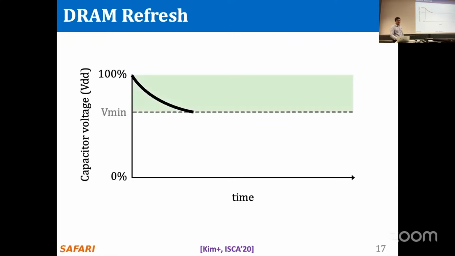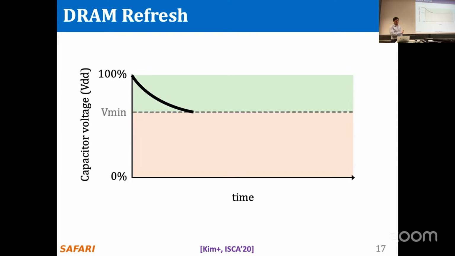As long as the cell's voltage is above this line, it's a success. However, if it drops below this Vmin, we consider it a retention failure. This is a conceptual description of retention failures, and I will transition to RowHammer. So these are things you know, but I just want to cover them for the YouTube audience.